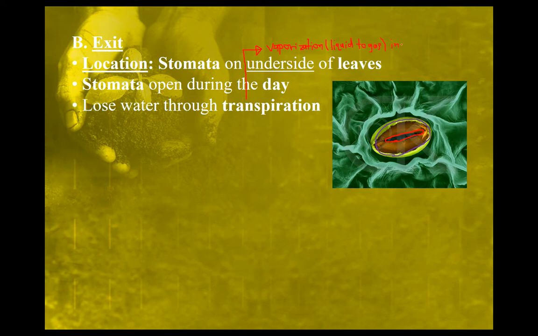So how does the phase change occur? Well, this is why the stomata is open during the day. During the day, it's warmer outside, so any water in the leaves would heat up. And if it heats up, there could be a phase change from a liquid to a gas. So the water turns from liquid water into water vapor, and then it can escape the plant.